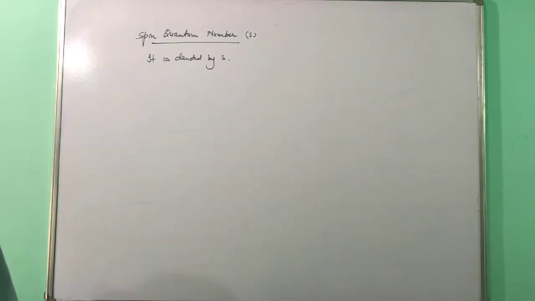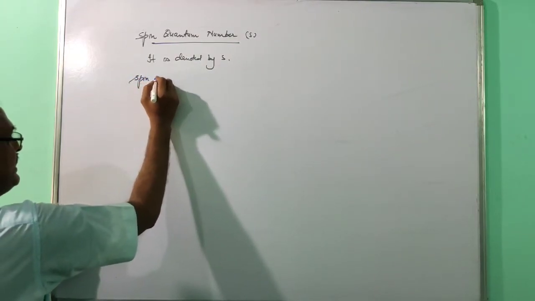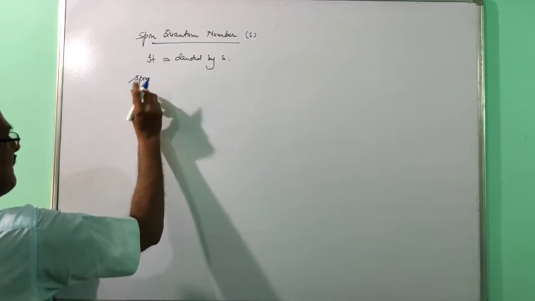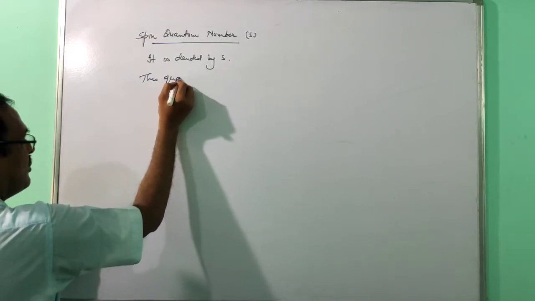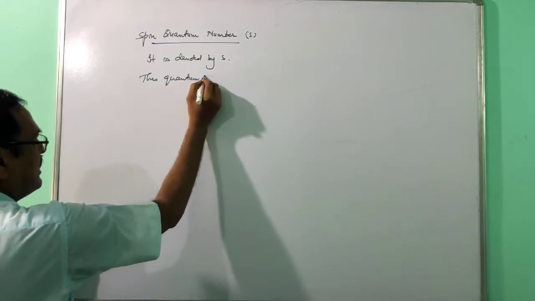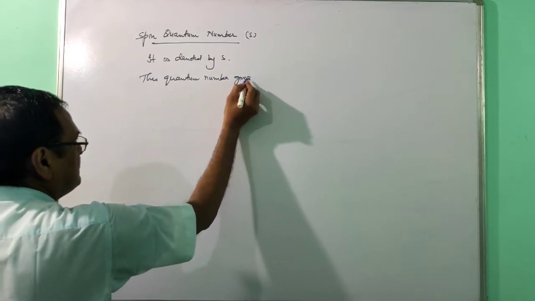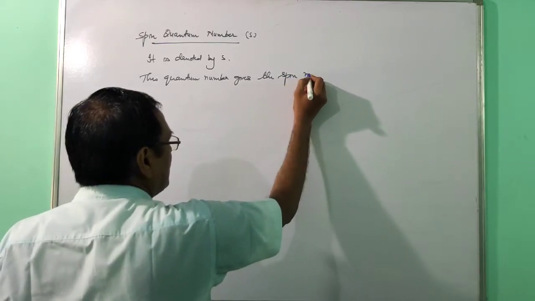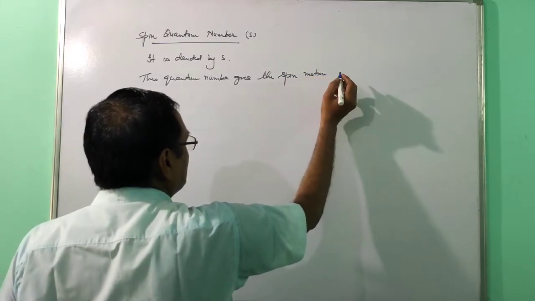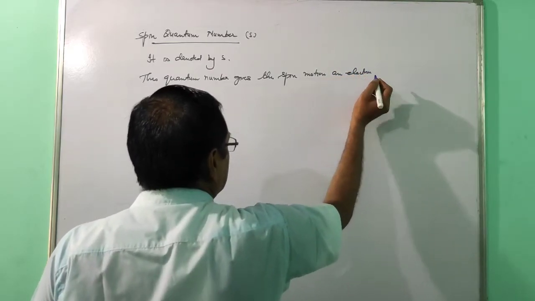Spin quantum numbers give the spin motion of electron. This quantum number gives the spin motion of an electron.